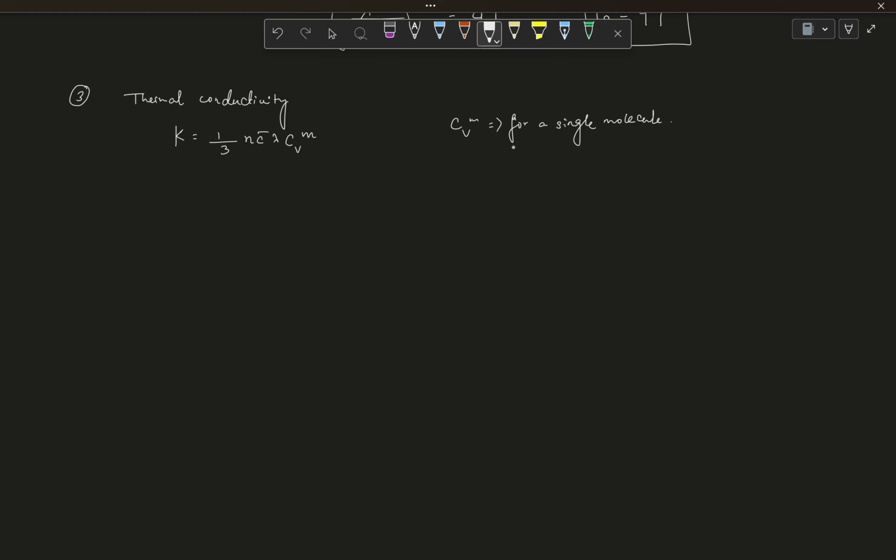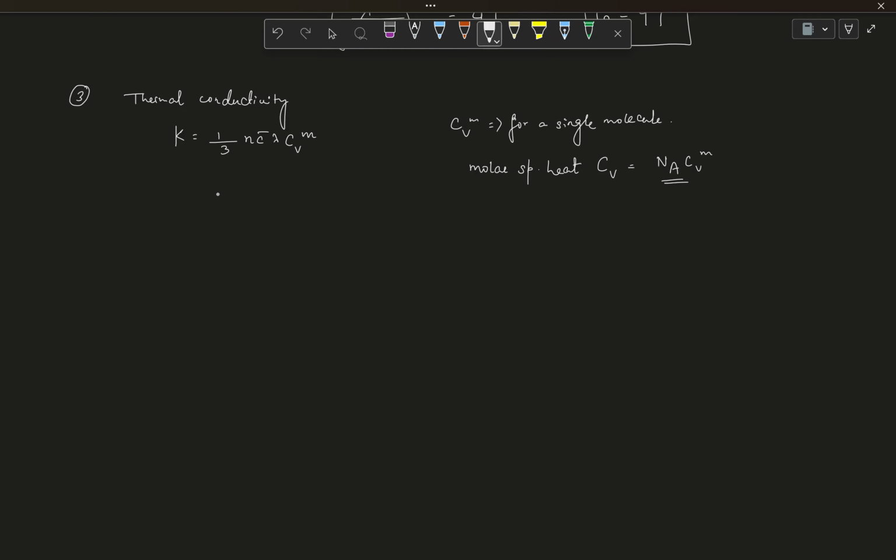If you have to write it in terms of the standard molar specific heat, that is only CV, so you simply multiply this CVM term by the Avogadro number, 6.023 times 10 to the power 23, which we write as Na.